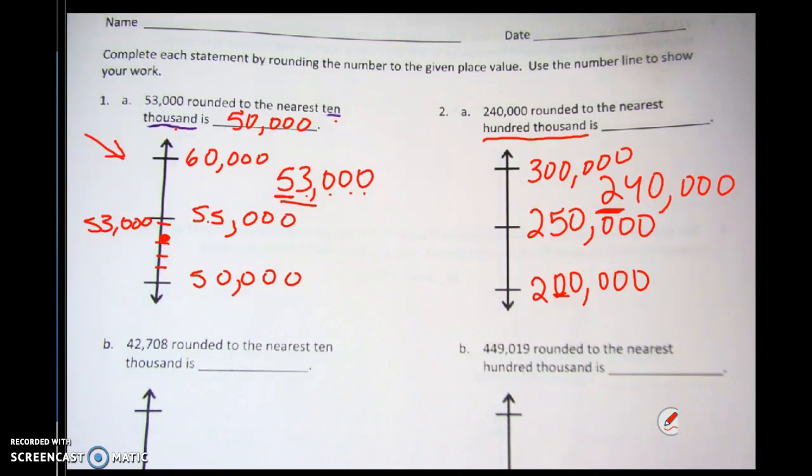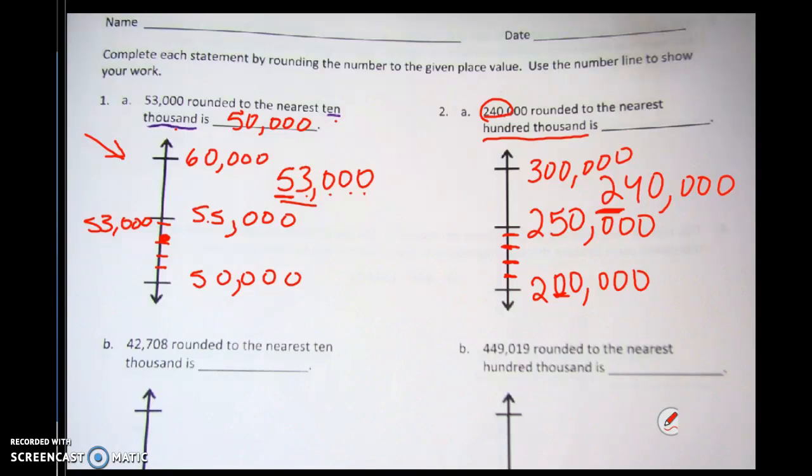On your vertical number line, place your dot where it belongs. Do that now. Okay, so if I was placing my dot, 200,000, 210,000, 220,000, 230,000, 240,000, 250.